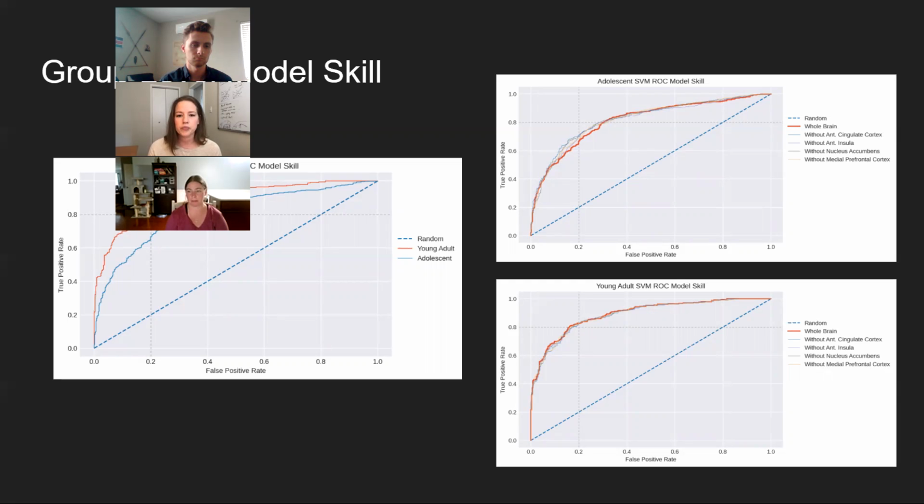The young adult models are showing that each mask is predicting about the same. And in the ROC curve here for the adolescents, it appears that the whole brain is a little bit better at predicting than the other submask classifiers.